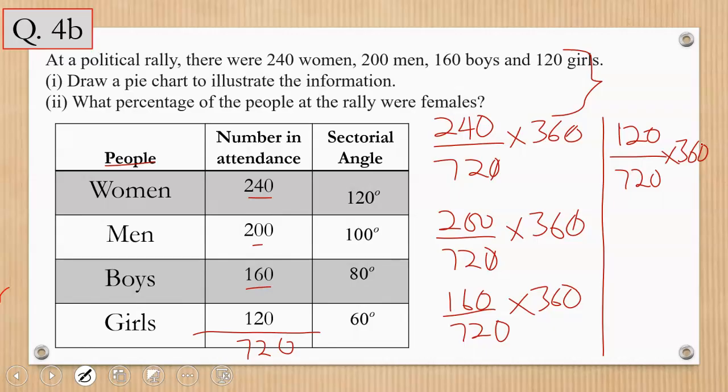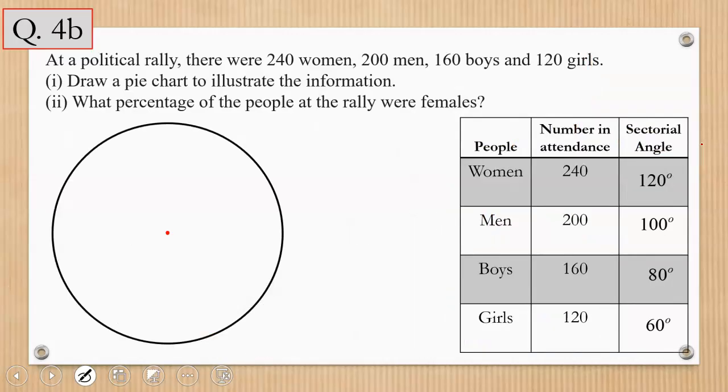So for our pie chart, we need to draw a circle, and then we make a first reference line. The first reference line is going to help us to use our protractor to measure the angle 120. And I'm sure you know how to use a protractor to measure angles. If you don't know, search through this particular channel.